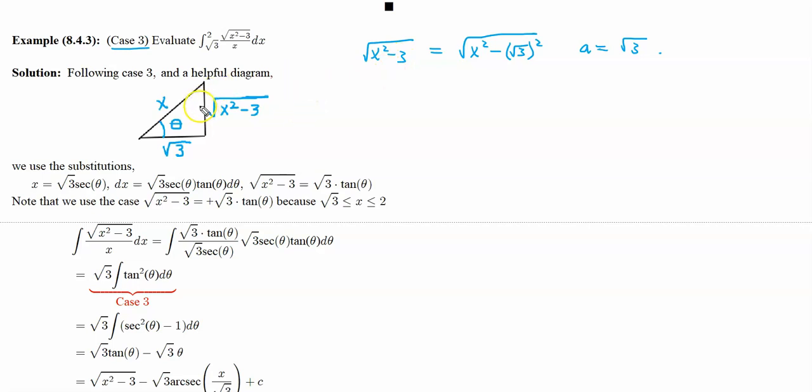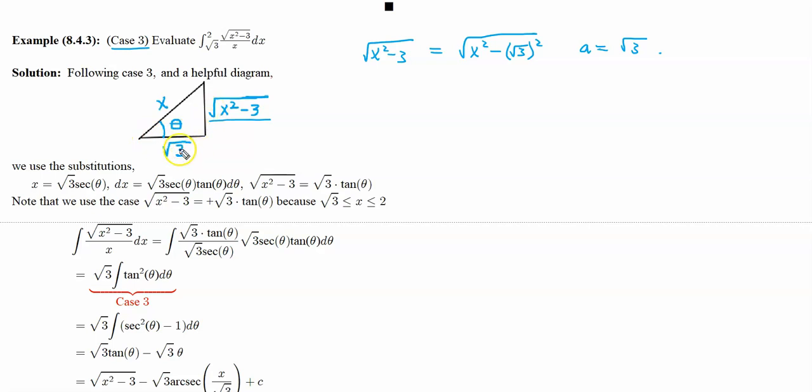So the way we do this is we label the hypotenuse as x, the adjacent side as the square root of 3, and then the opposite side will be the square root of x squared minus the square root of 3 squared, which is just 3. So then you see we have the square root coming out as one of the sides. And we choose the x to be the hypotenuse and root 3 to be the adjacent side, just a standard convention.